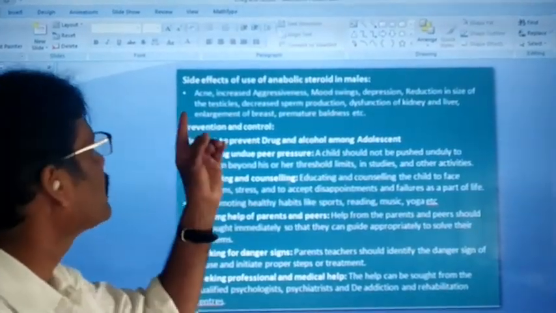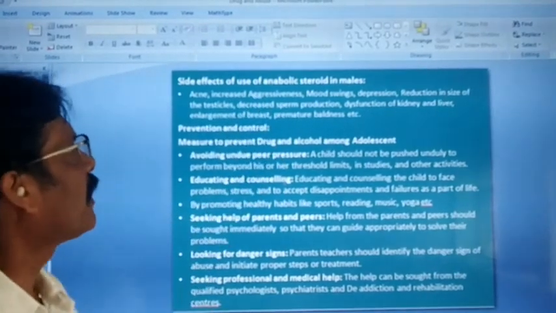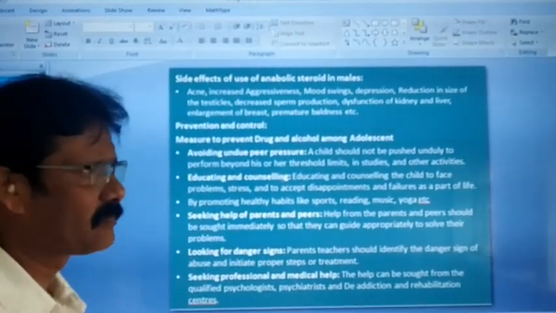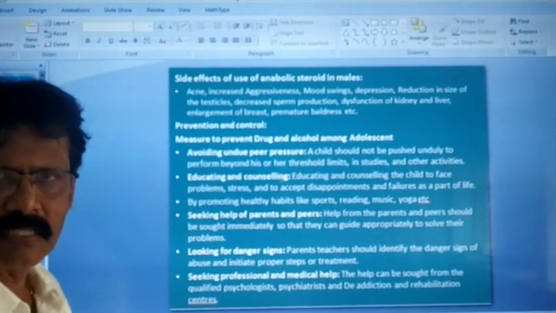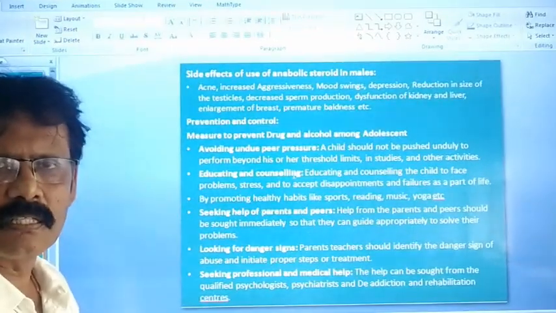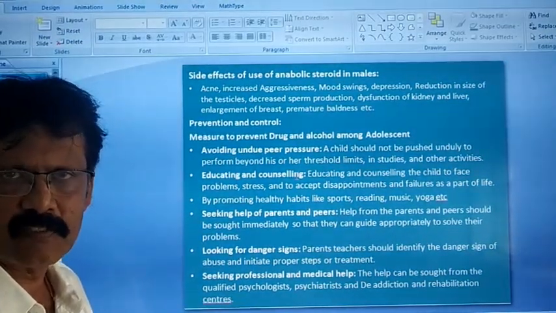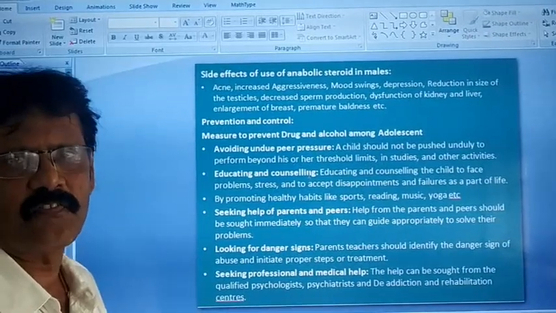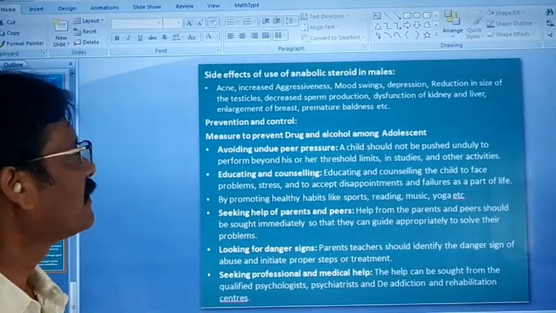Next is the side effects of the use of anabolic steroids in males. Number 1, acne. Acne means the hair follicles and skin cells are filled with fat or oil and develop pimples.